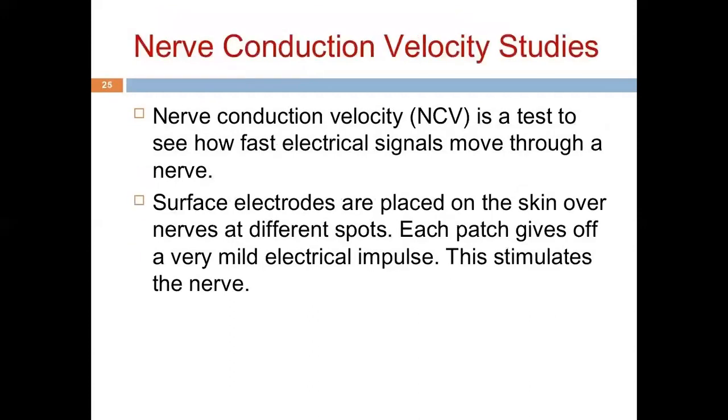Next up, the nerve conduction velocity studies. NCV is a test to see how fast electrical signals move through your nerve. Surface electrodes are placed on the skin over nerves at different spots. Each patch gives off a very mild electrical impulse. This stimulates the nerve.